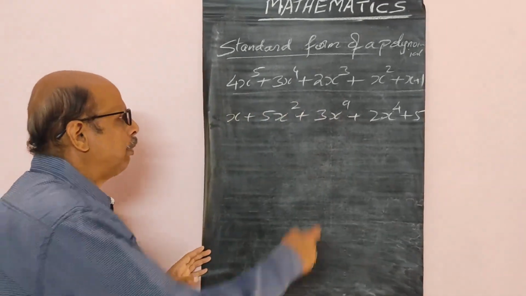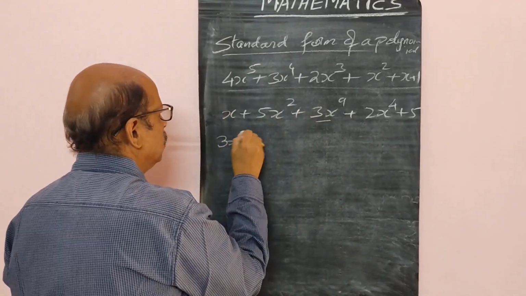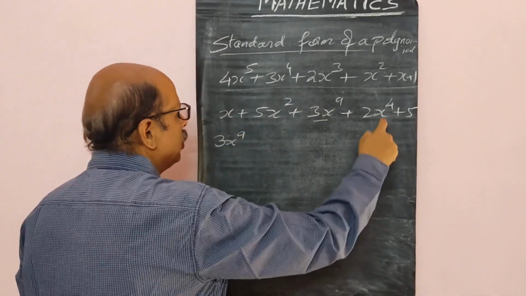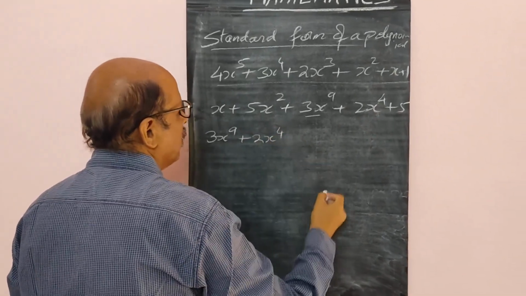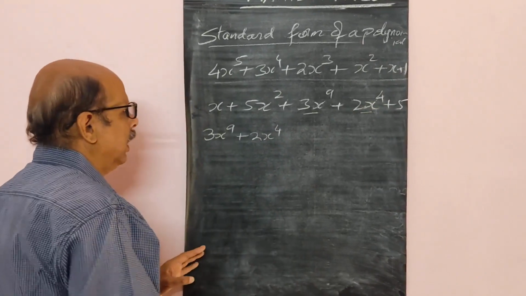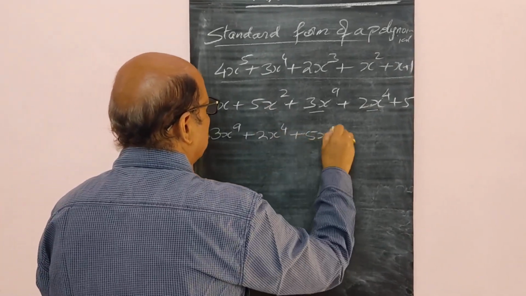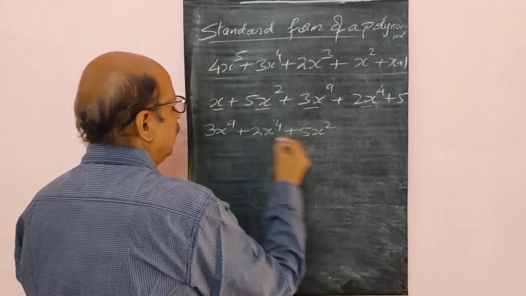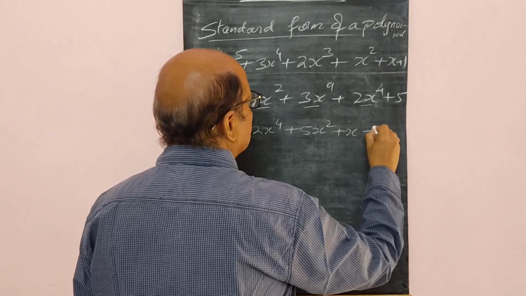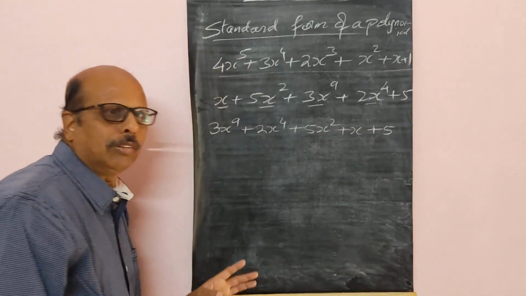The highest power is 9, so this should be written first. So let us write 3x raised to 9. The next highest power is 4, plus 2x raised to 4. Then the next highest power is 2, plus 5x square. Then plus x, and lastly the number. This is called the standard form of the polynomial.